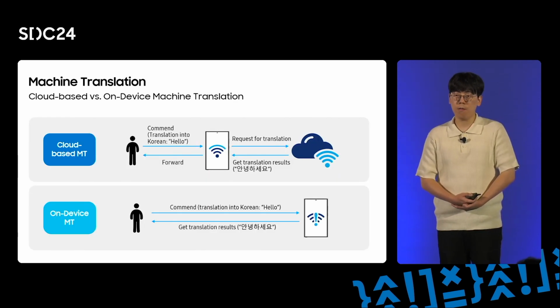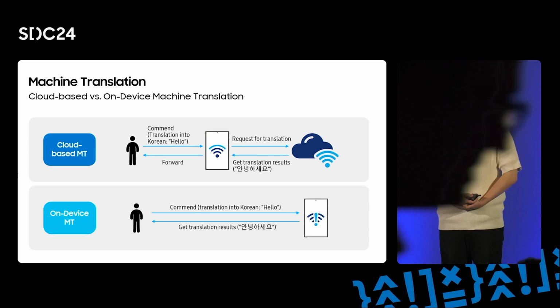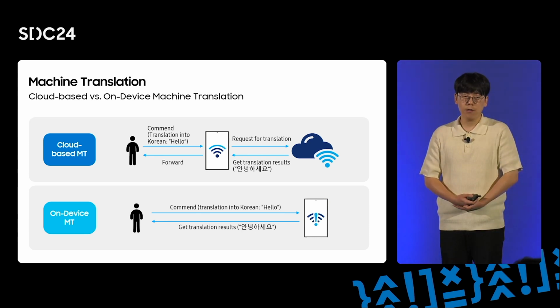Now, let's talk about two primary types of machine translation. One is cloud-based, and the other is on-device machine translation. Cloud-based systems rely on remote servers to process and deliver translations. This method is popular because it leverages a large-scale neural network. However, it has some drawbacks.